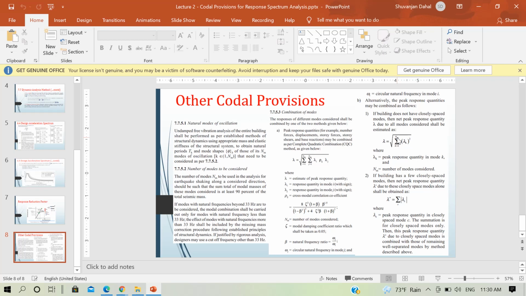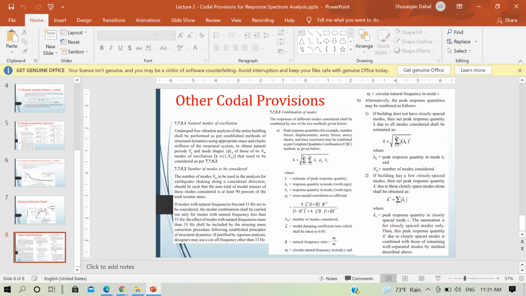So in our third, upcoming lecture, we will perform this dynamic analysis, this response spectrum analysis, in ETABS. We will look at how to define the modal cases, how to define our response spectrum function, how to define our response spectrum load cases, and we will perform the dynamic analysis.